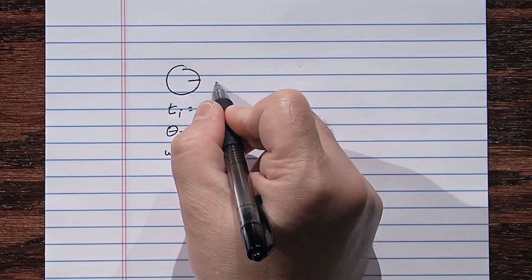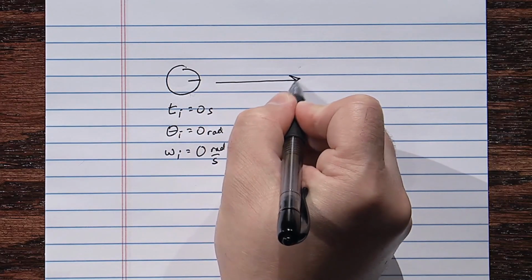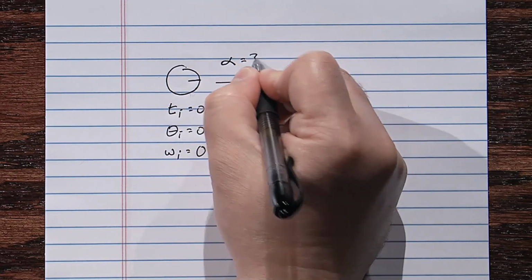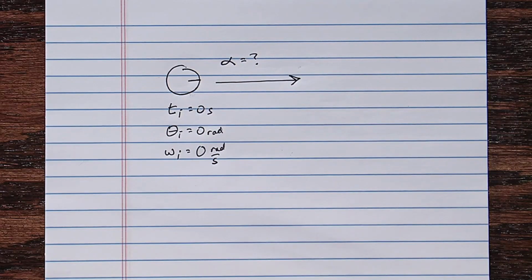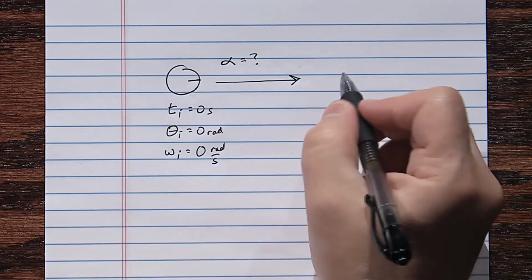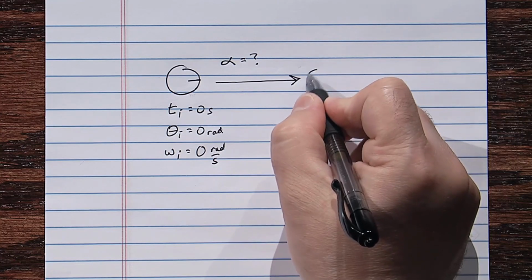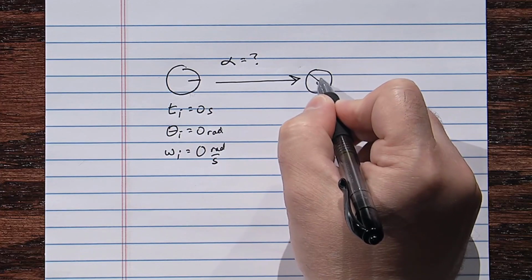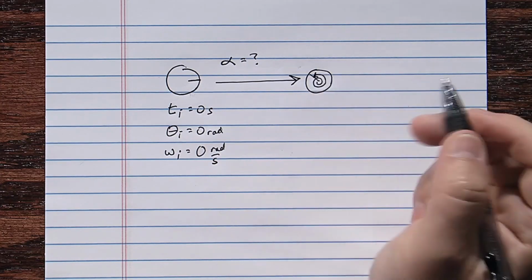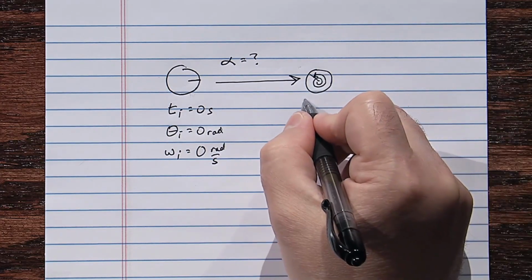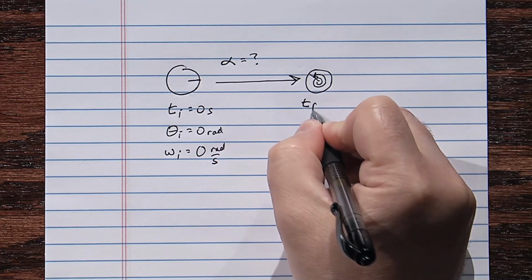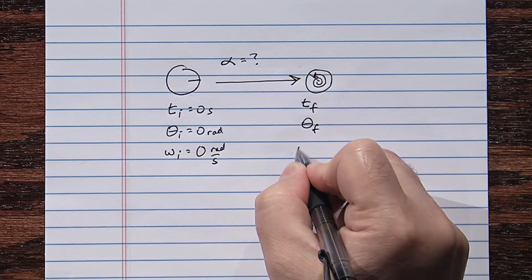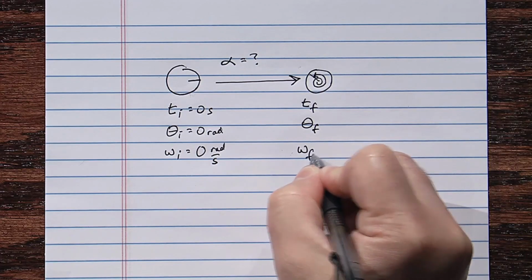That's our initial situation. The turntable accelerates with some unknown angular acceleration. All we're told is that it's constant. And it ends up at a final state after it's rotated a few times, which is what we're trying to find out. We have a final time, a final angle, and a final angular velocity.